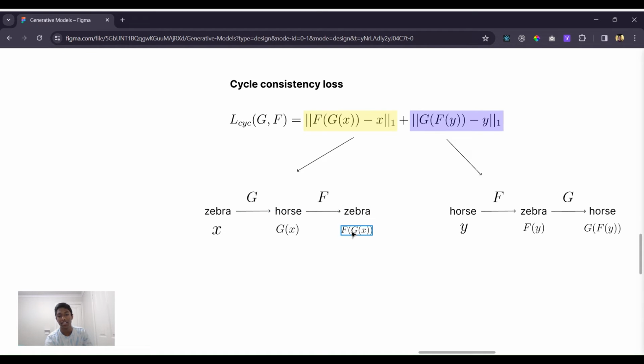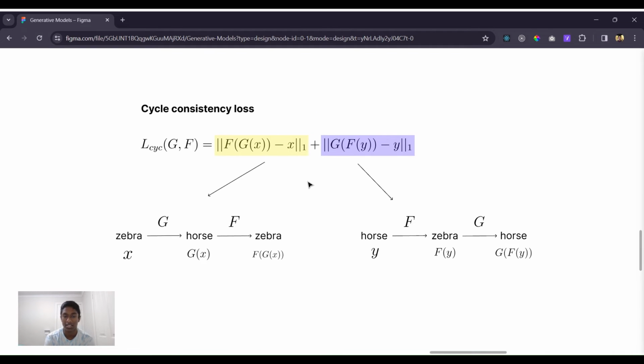And F of G of X and X should be similar. They should look very similar. And that's what this cycle consistency ensures. By taking the difference between these two, that's the mean absolute error, and we're going to minimize that to ensure that these two ends of the translation actually are similar.